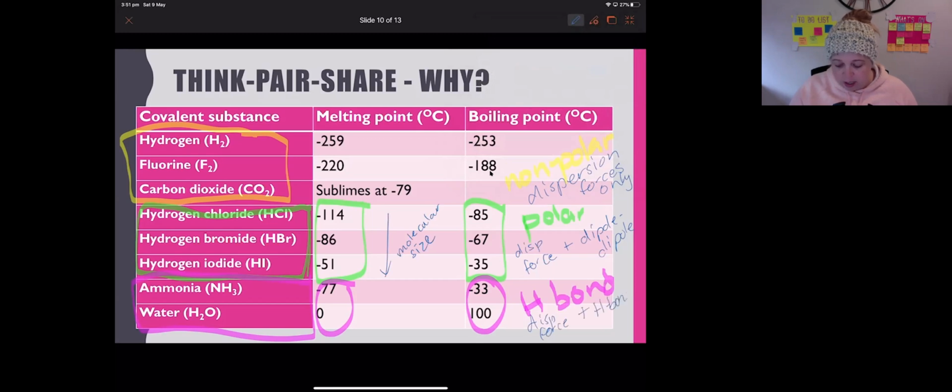But these ones have the H bonds, which are the strong types of dipole-dipole interactions. So the last paragraph says, lastly, water and ammonia both experience hydrogen bonding, H with F, O, or N, as well as dispersion forces. And hydrogen bonding is the strongest form of intermolecular bonding. Hence, they have the highest melting and boiling points.